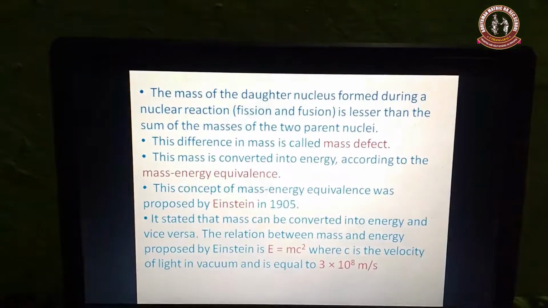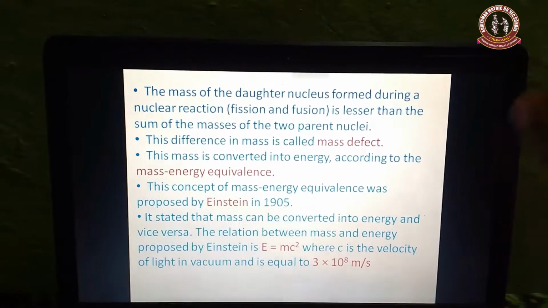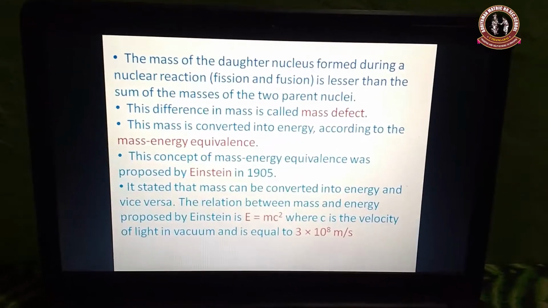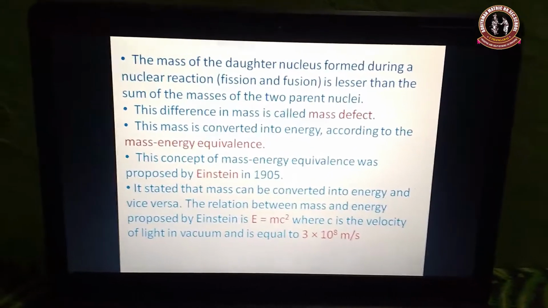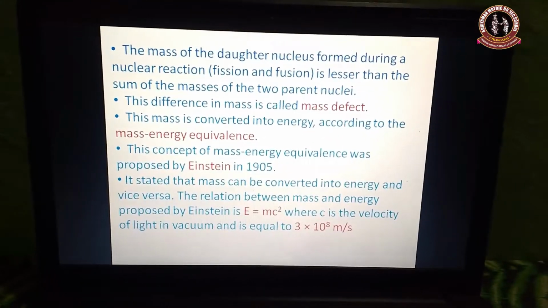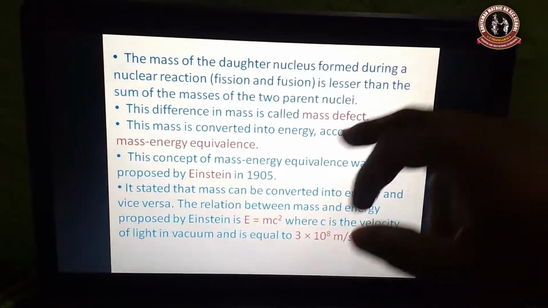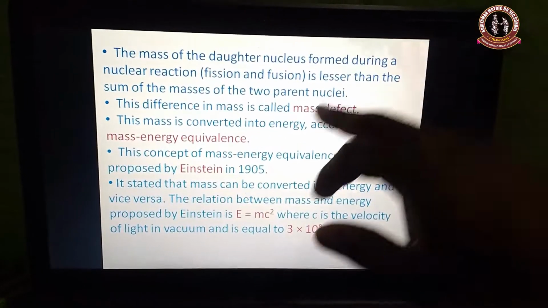So in this slide we see what mass defect is. Mass defect is the mass difference between the mass of the parent nucleus and the mass of the daughter nucleus. Which one is greater? The mass of the parent nucleus should be greater than the mass of the daughter nucleus. During this process some amount of energy is released, and that energy comes from the mass defect.